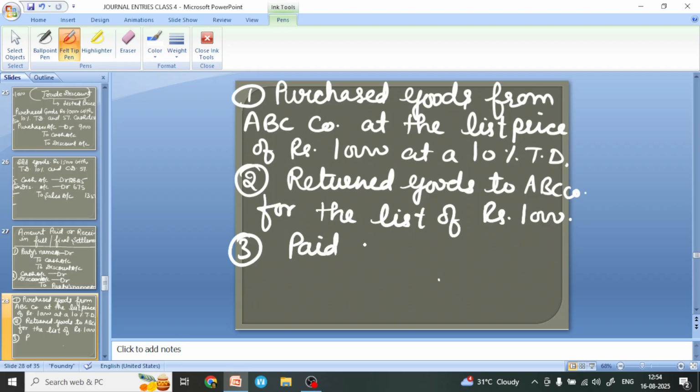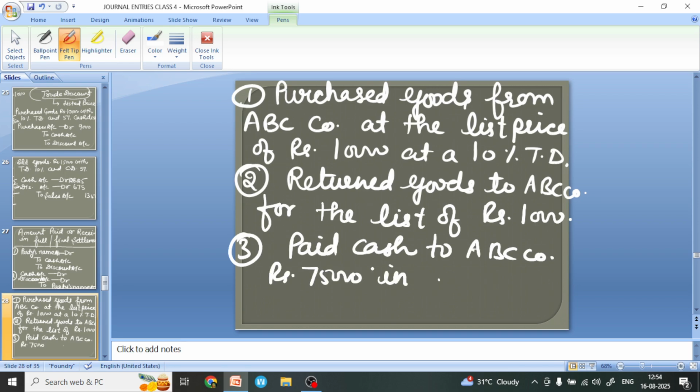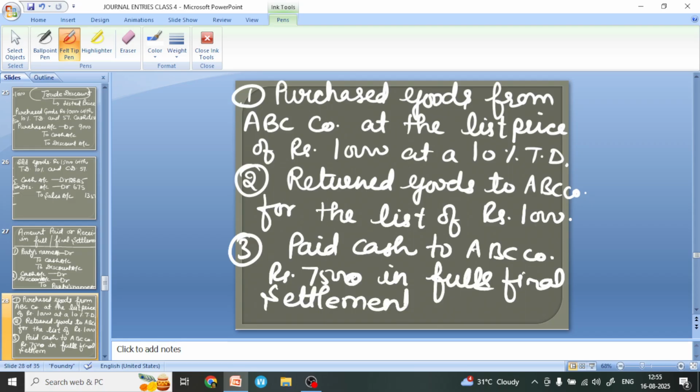Paid cash to ABC company rupees 7,500 in full and final settlement of their account.